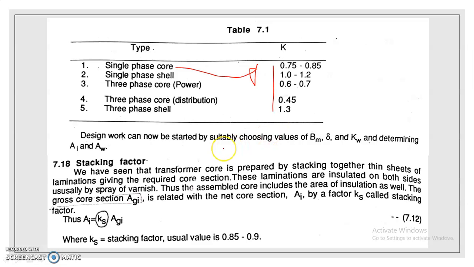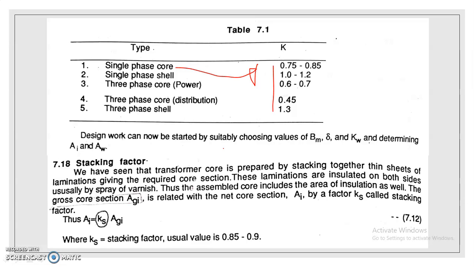Design work can now be started by suitably assuming values of Bm, delta, and Kw and determining the Ai and Aw. Let's see the stacking factor. Stacking factor is a factor which relates to the cross section area of the core.